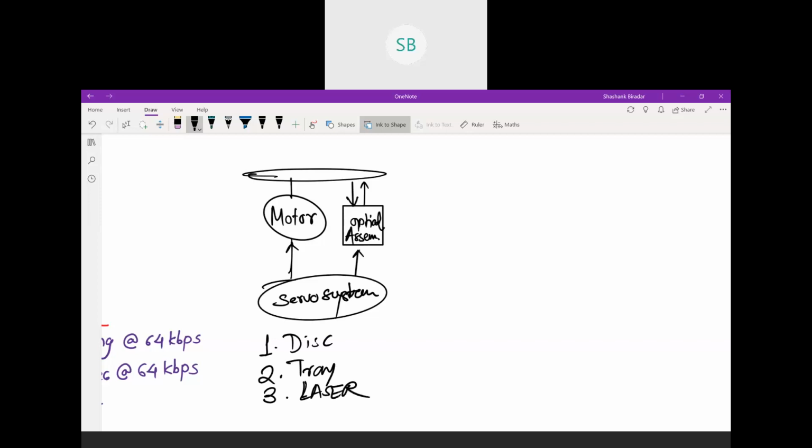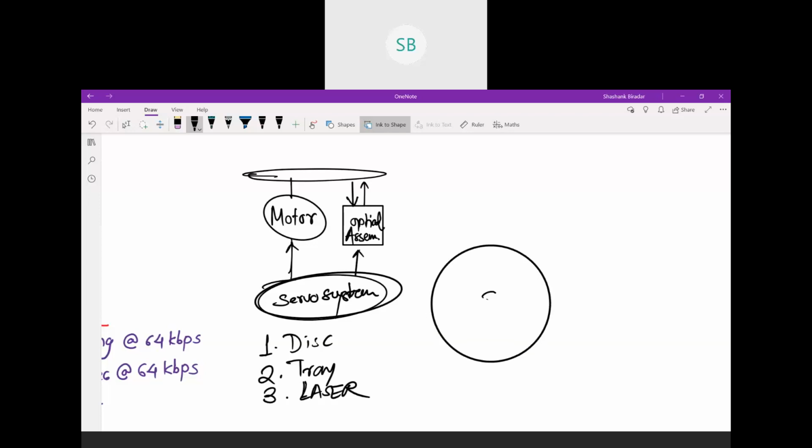So these three motors are required. This is done with the help of the servo system and the sync mechanism, because sync is very important. Only rotation of the disk is not the main purpose, because I will demonstrate it.